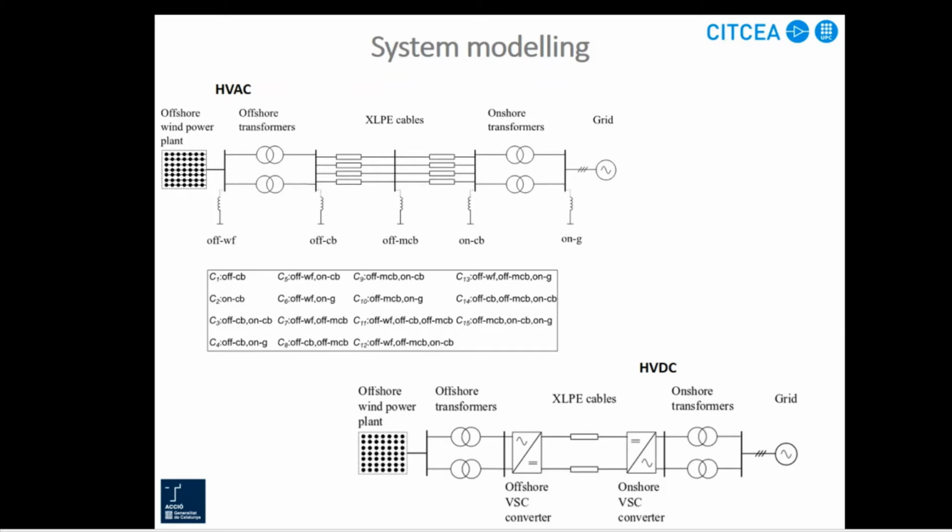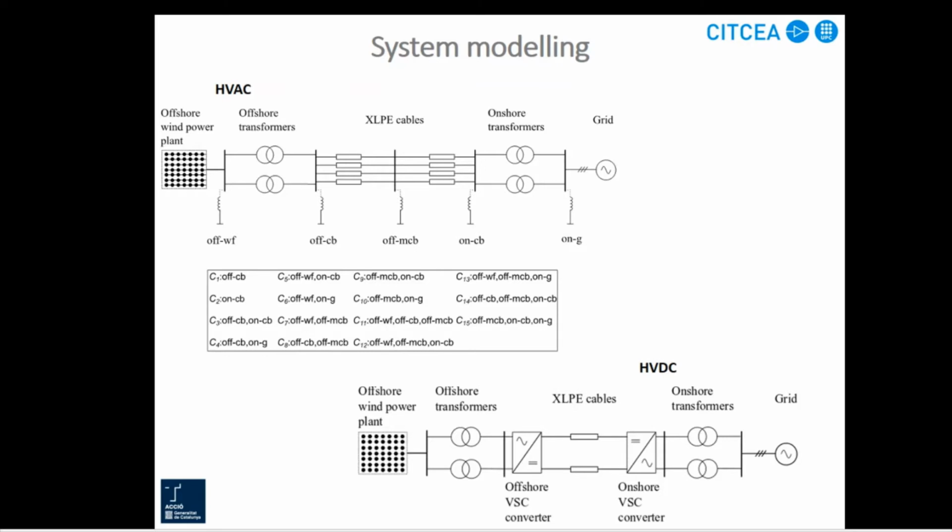But not only the reactive power compensation is located on the substations, there is another location that is proposed, which is in the middle of the cable. Therefore, we have 5 proposed locations of reactive power compensation, and based on that, we have combinations of models with different locations of power compensation, and we have combinations with 1 to 3 reactors.